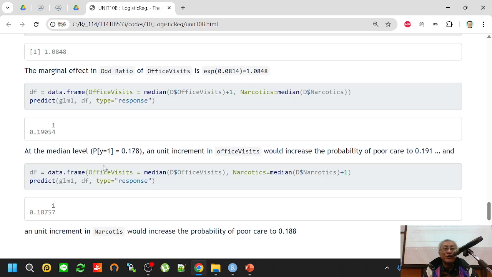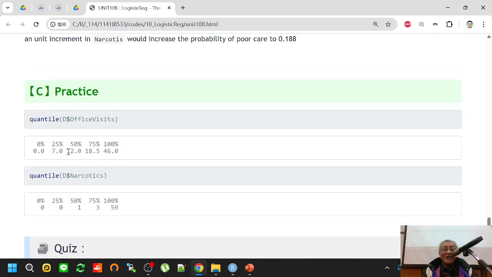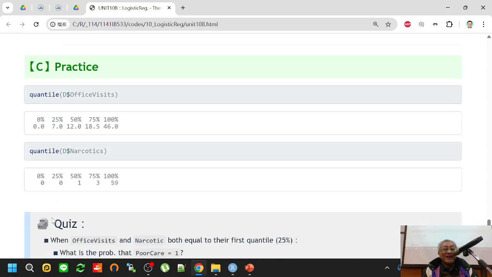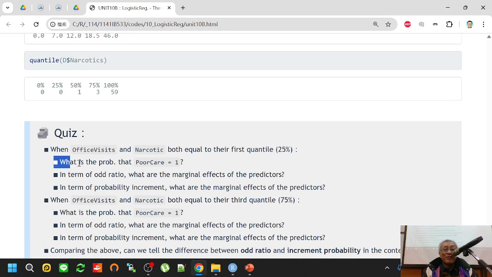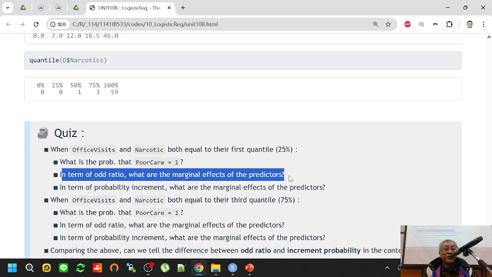You simply can reuse the code here, but right now you replace this one and this one by 7 and 0, and then you know the probability of poor cat. Now, in terms of odds ratio, what is the marginal effect of the predictor?